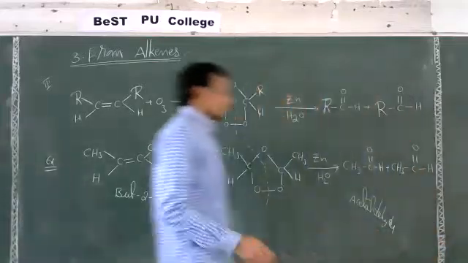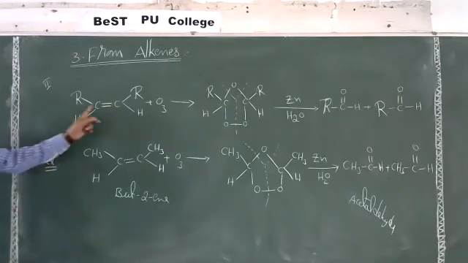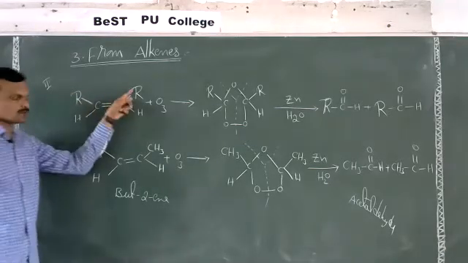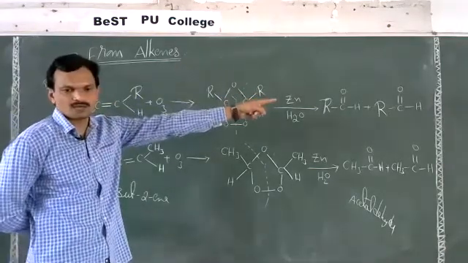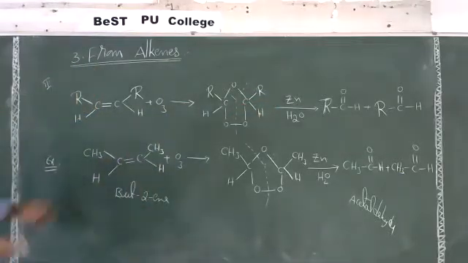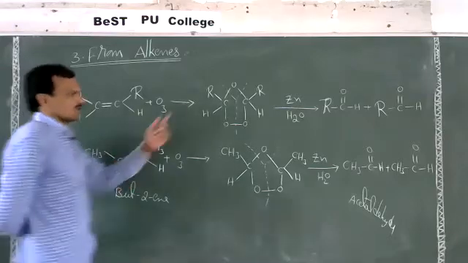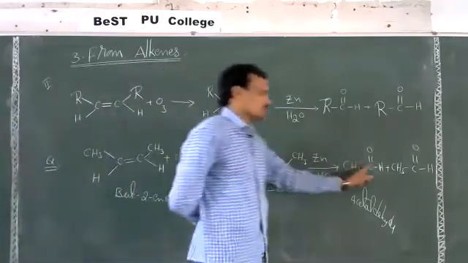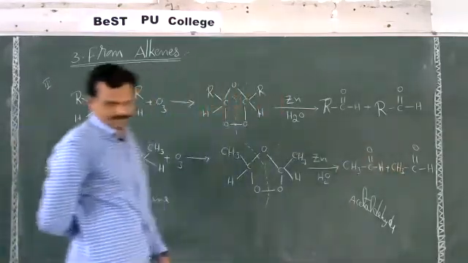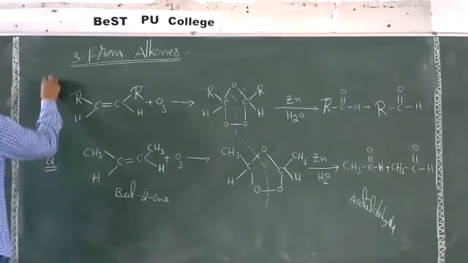That means we get 2 moles of acetaldehyde. This is di-substituted. On the 2 double bond carbon atoms, 2 substituents are present, so you get 2 moles of aldehyde. So 2-butene on ozonolysis gives 2 moles of aldehyde.